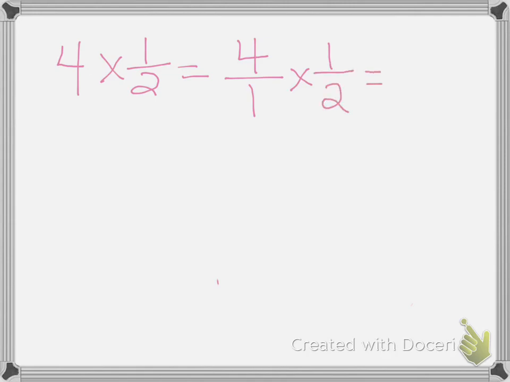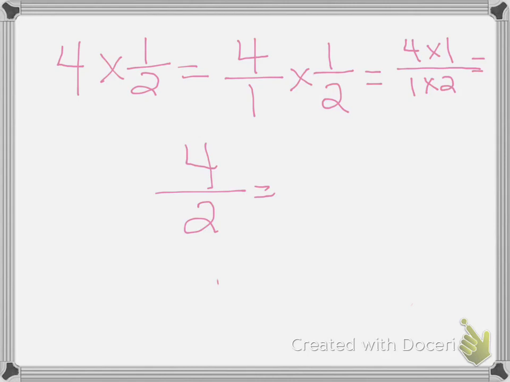In addition we said we would never, ever add the denominators, but in multiplication, we multiply the denominators. So we say 4 times 1 is 4, and 1 times 2 is 2. So I come up with the improper fraction of 4 halves.